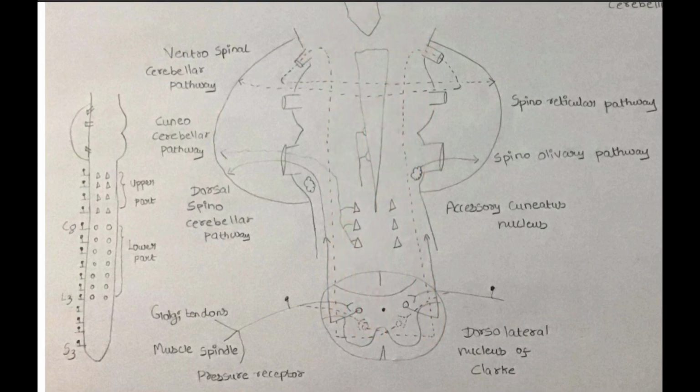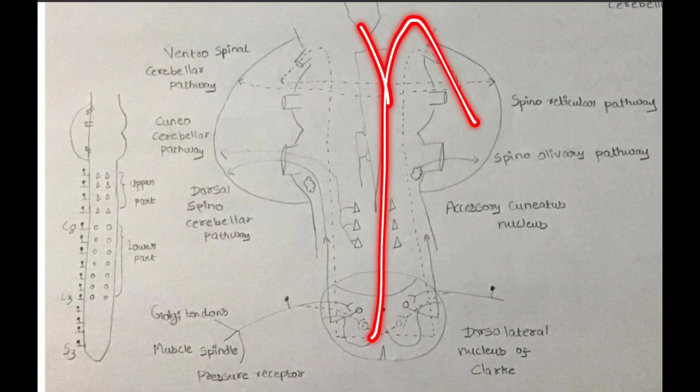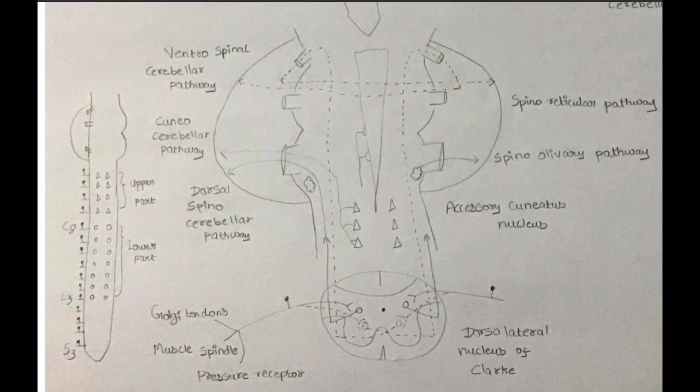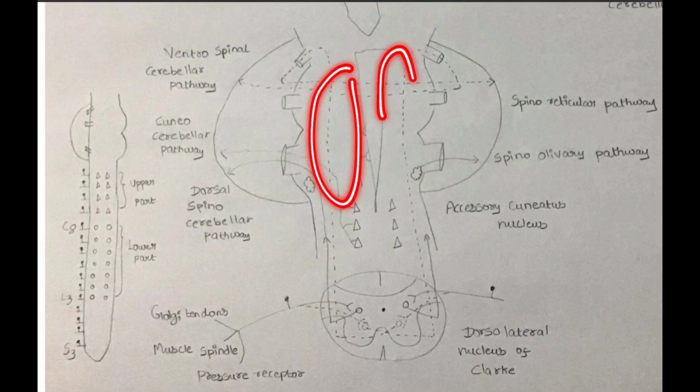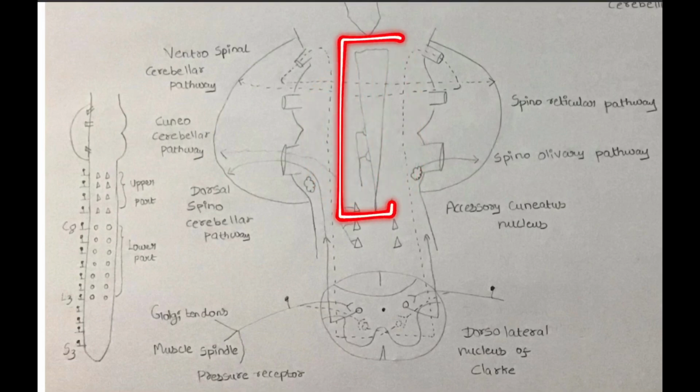So whenever there is an ascending tract from the spinal cord to the cerebellum or cerebral cortex, you will have a collateral connection with the reticular formation. That's why reticular formation is the on and off switch of the brain.